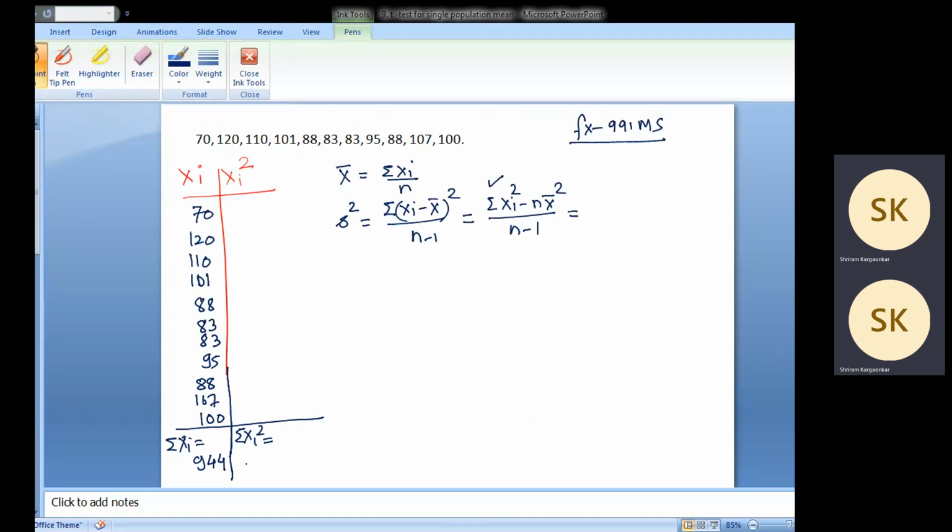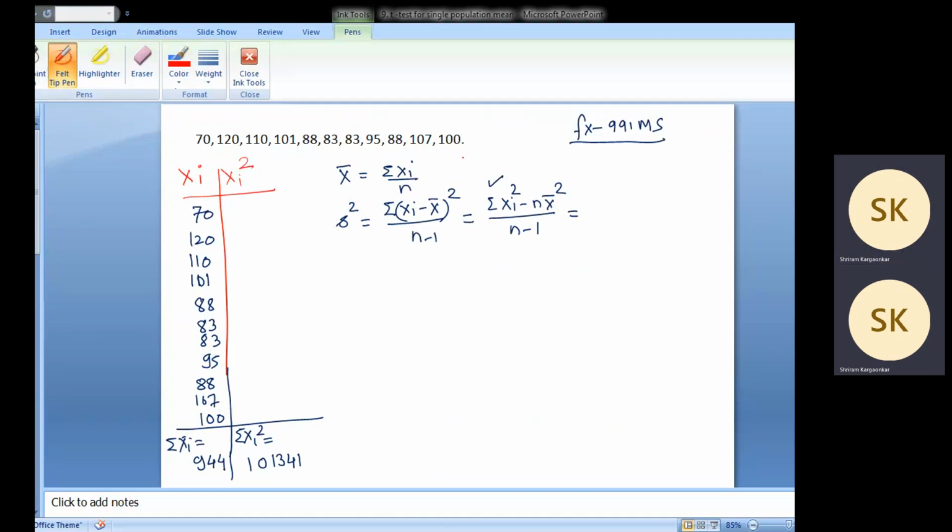The value will be big. So equal to this, and you will get a number, and that number I'm writing here, which is 101341. So this is the sum of the squares of these numbers.